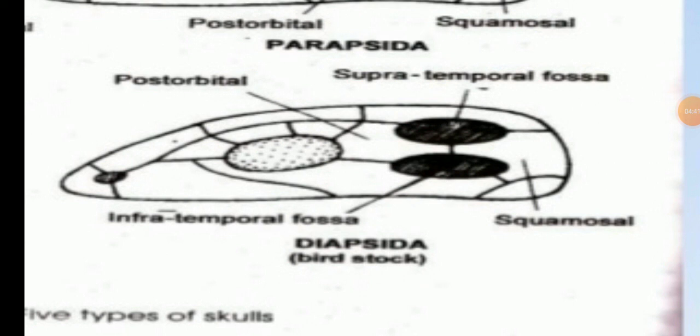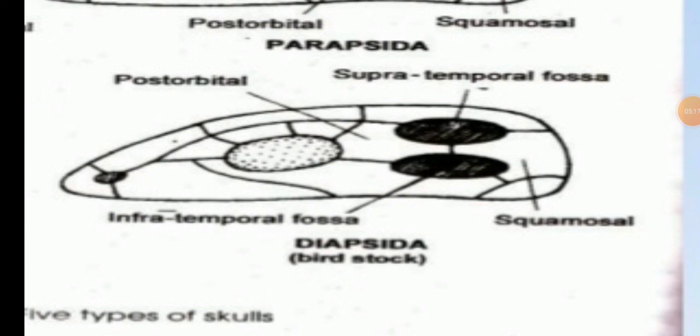The supratemporal fossa is flanked by postorbital, whereas the infratemporal fossa is flanked by jugal, quadratojugal, squamosal and postorbital bones.